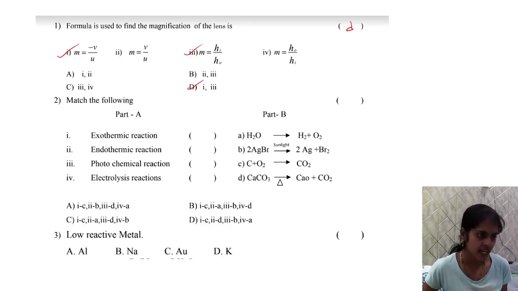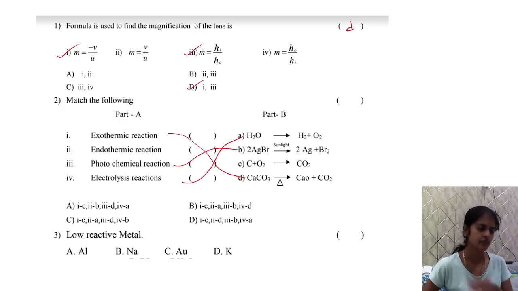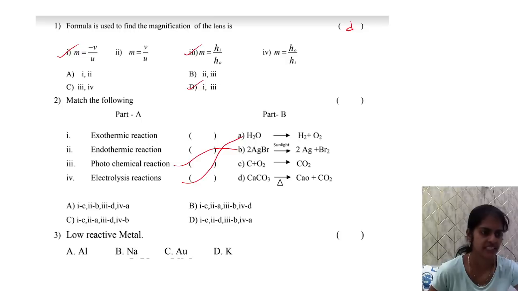Match the following: exothermic reaction, endothermic reaction, photochemical reaction, electrolysis reaction. Firstly, this is electrolysis. This is photochemical. Then endothermic and exothermic. This would be endothermic, and this would be exothermic.